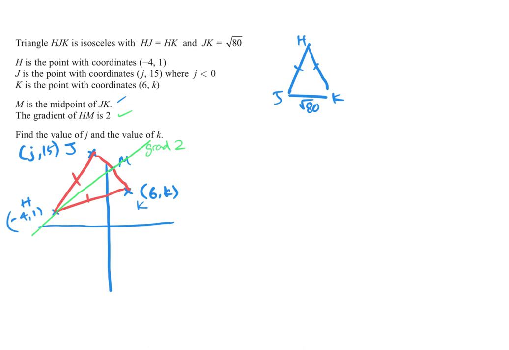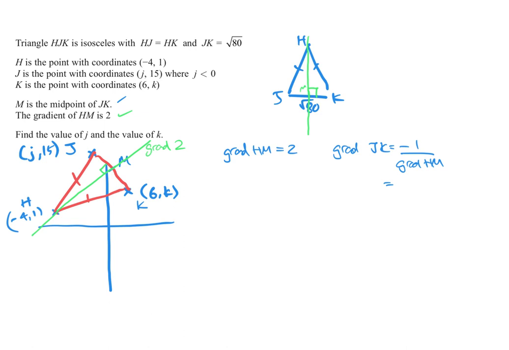Okay, so what can we do with the information and what can we work out? Well, going back to my original sketch, if I put M onto here, in green down here, and join that line H to M, you can clearly see that it is going to be a perpendicular bisector of JK. So I can mark that on here. So if the gradient of HM equals 2, then the gradient of JK is equal to minus 1 over the gradient of HM.